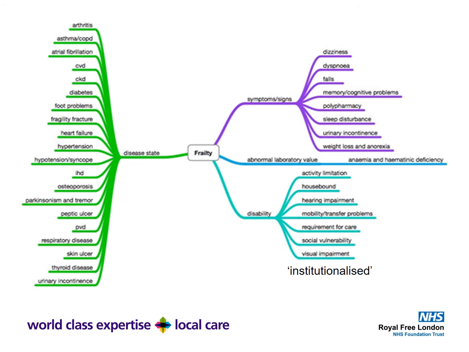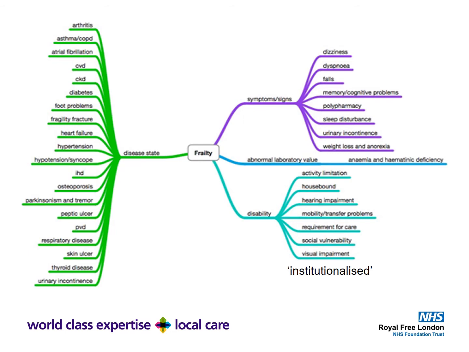Another way of looking at what combines to frailty are the different phenotypes, if you like. So, for example, arthritis, asthma, COPD, CKD, hypertension, ischemic heart disease, bone disorders such as osteoporosis, peripheral vascular disease, skin ulcers, urinary incontinence. So there are numerous disease states that become more common in the elderly person.